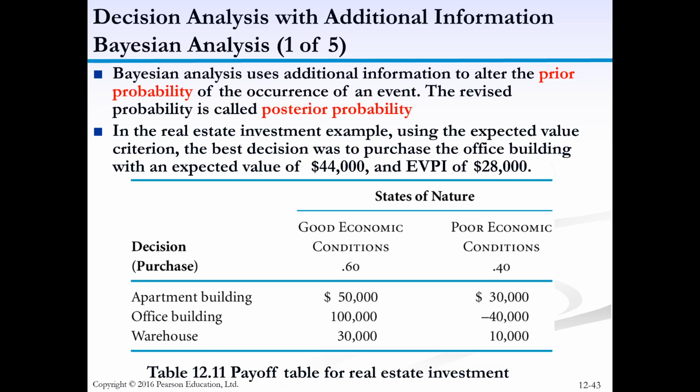Now, in the real estate investment example, using the expected value criterion, the best decision was to purchase the office building with an expected value of 44,000 and expected value of perfect information of 28,000.